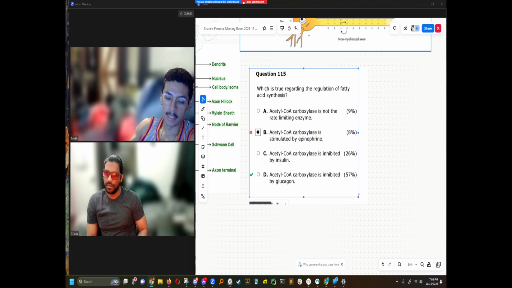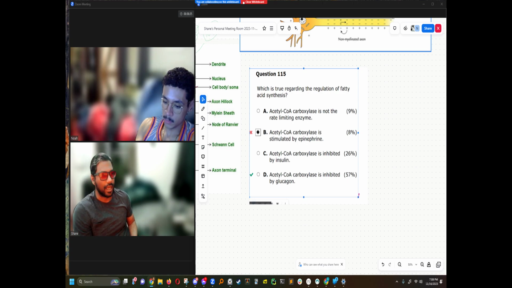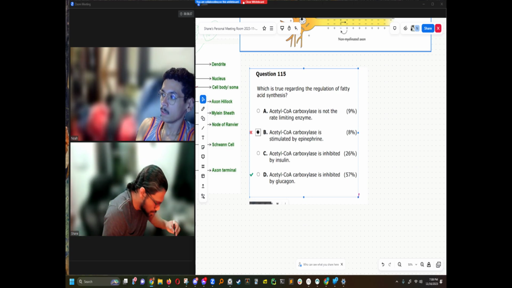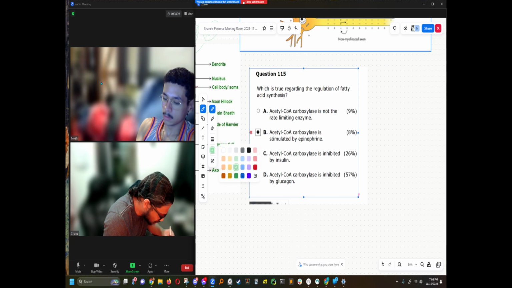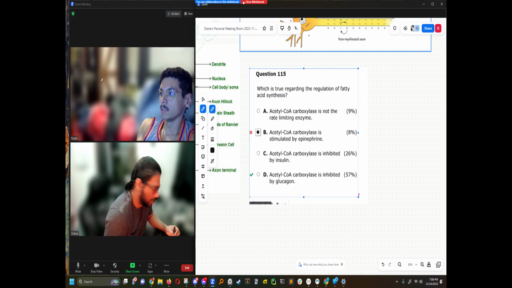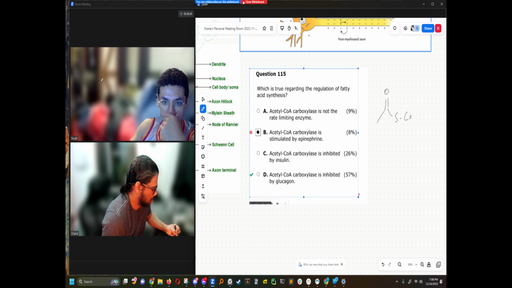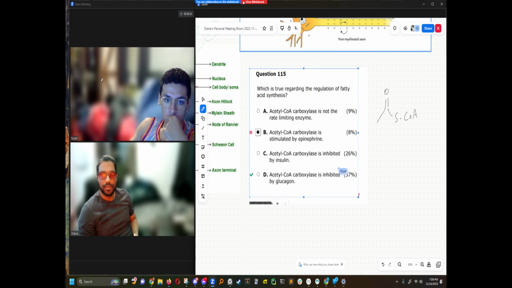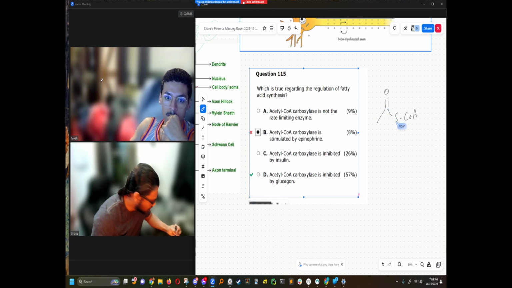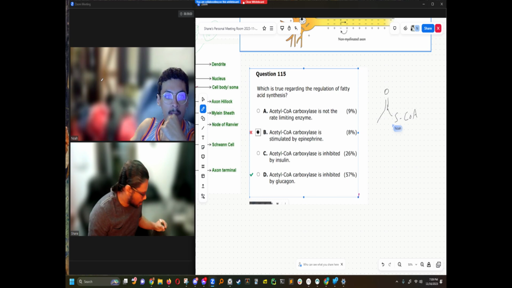And it's added to molecules? Yeah. So for instance, you can have what I just drew over here. This is what acetyl CoA looks like. Oh, there's a sulfur there.